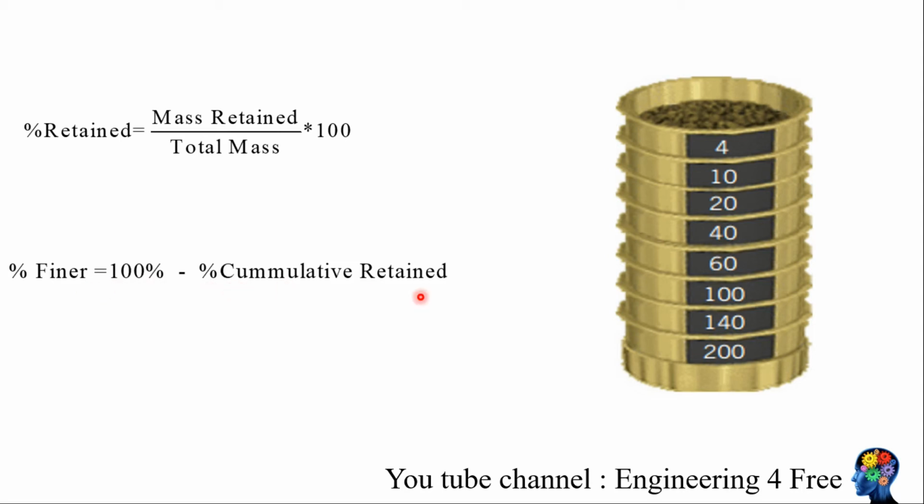Say you want to calculate the percentage retained on number 4 sieve. You take the mass retained on number 4 sieve divided by the total mass multiplied by 100, whereas for percentage finer, you subtract the cumulative retained on that particular sieve from 100%. Let's see a practical example.